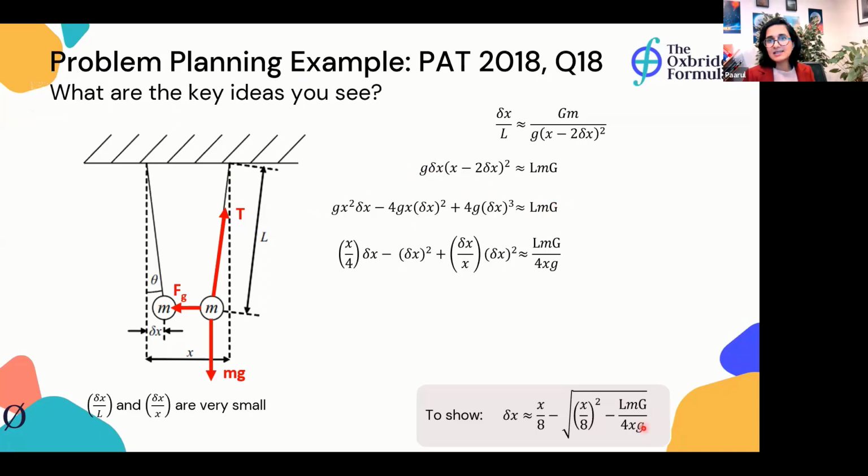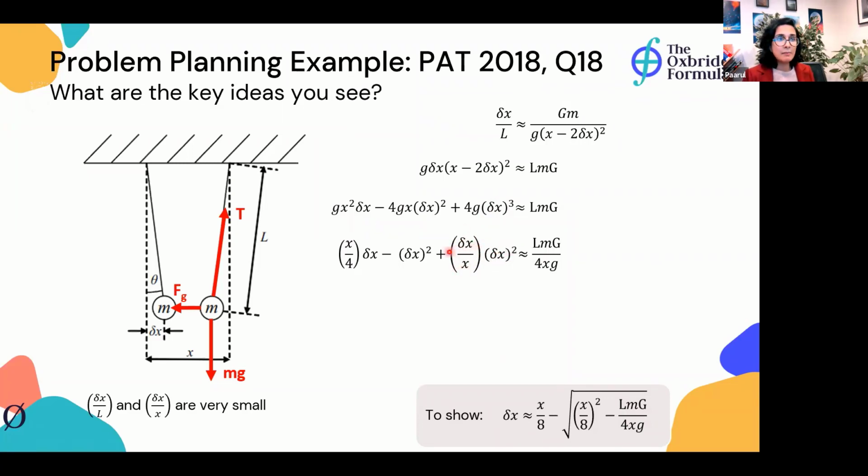Now, Chris is saying he saw that in what I want, I've got an LMG over 4xg. And also there's a 4xg here, so it kind of makes sense to divide by it. So let's just divide everything by 4xg, and then we get to this line. Okay, so this is where we are now. Oh, and actually, I noticed that one of my delta x's with the x that I just divided by, I could just take that out and I get a delta x over x times delta x squared.